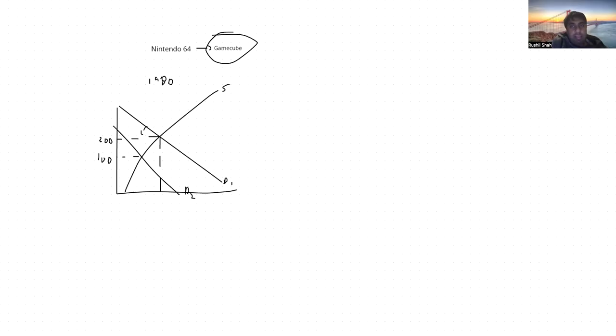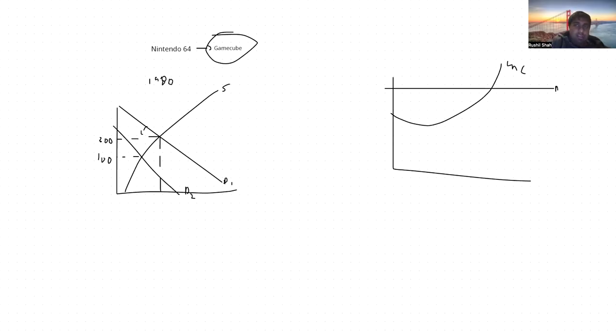So from the firm's perspective, we have the marginal cost, the marginal revenue, and the long run average cost.